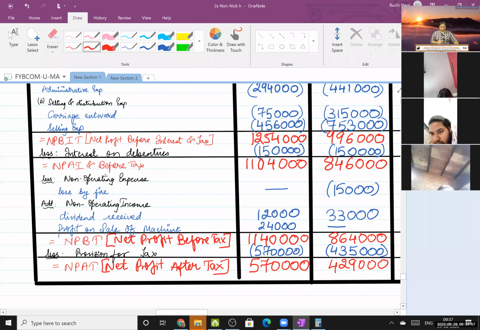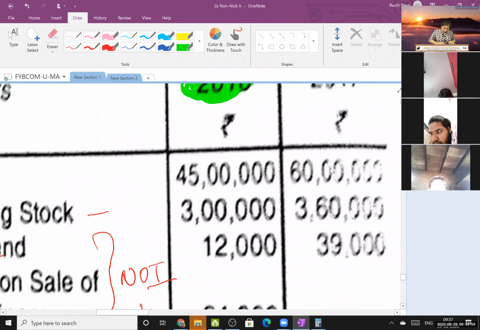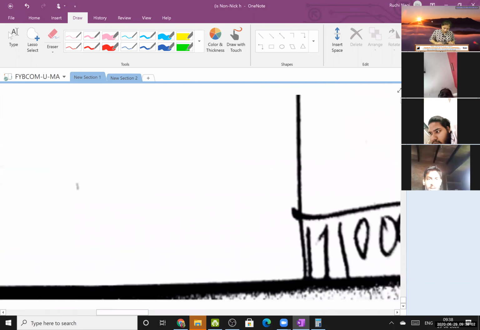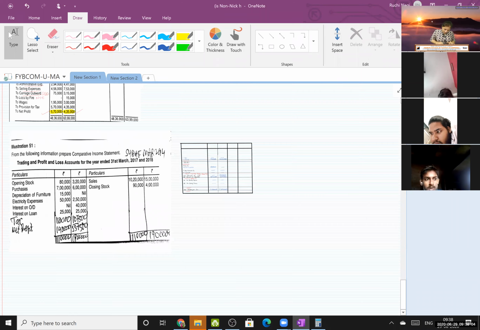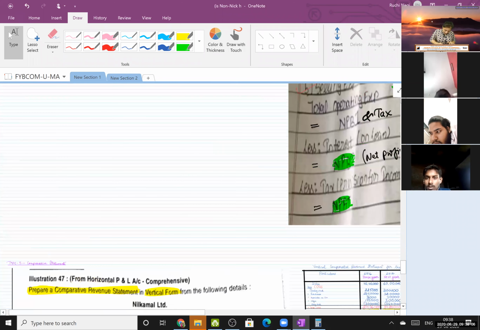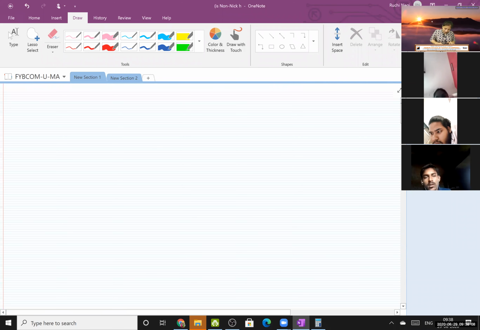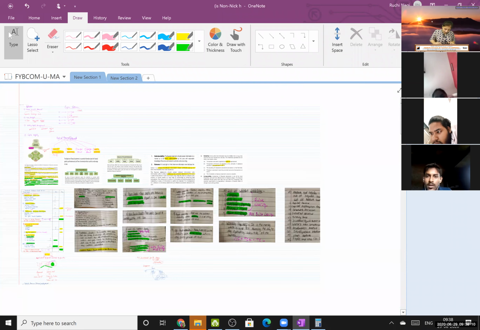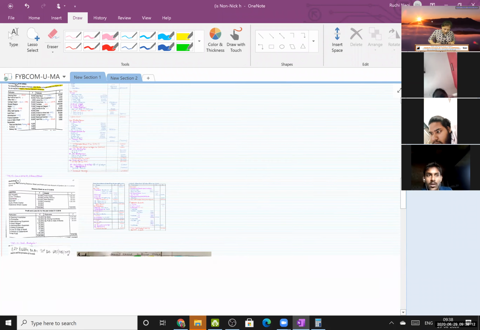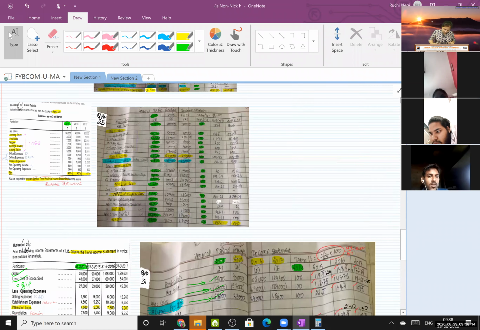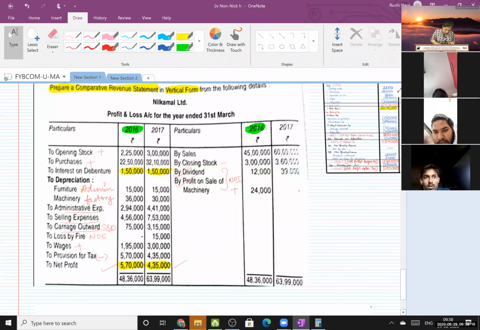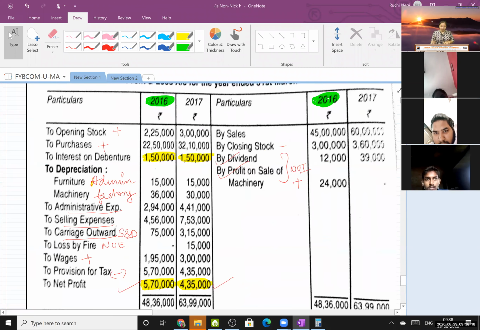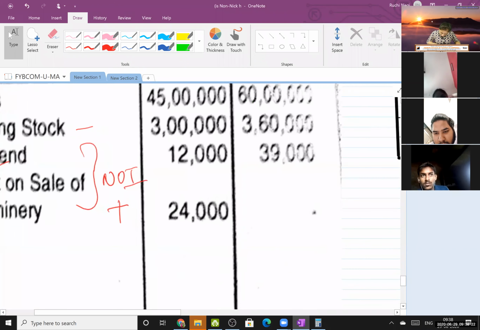Okay. It has to match with this answer. This net profit is 5 lakh 70 and 4 lakh 35. So I guess this figure is 39.